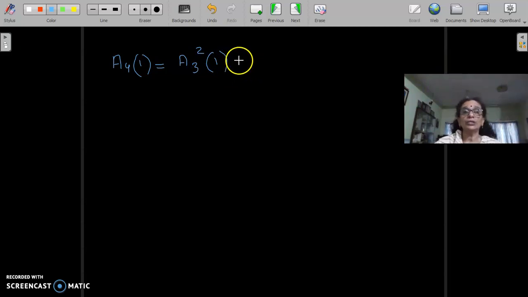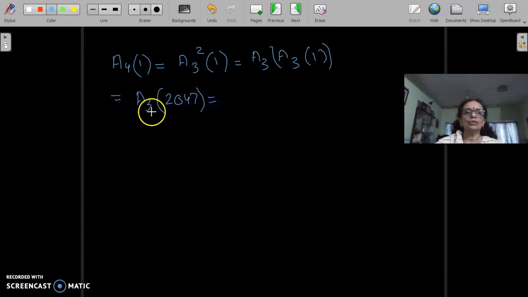Now what is a_3(2)(1)? It is a_3 of a_3(1), and we already know what is a_3(1). We have computed it. We found that it was 2047. So what is a_3(2047)? It is going to be a_2 applied 2048 times to 2047.